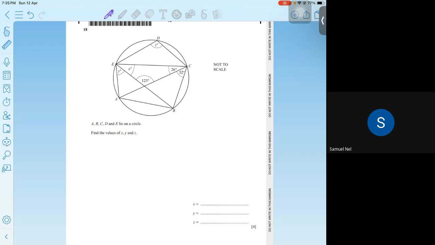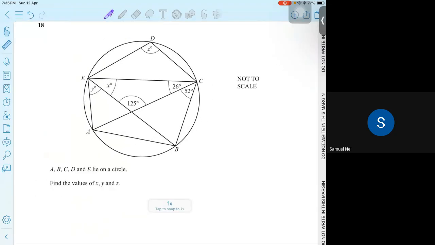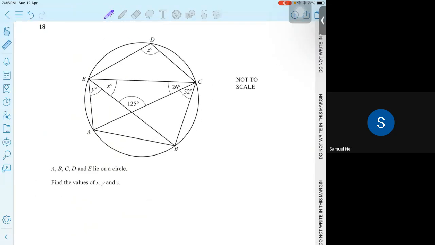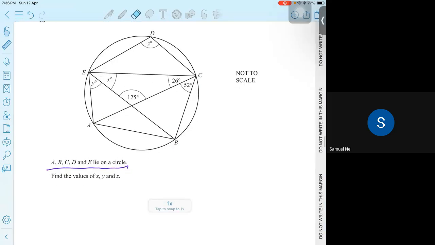Okay, so let's see. We have been given a shape, and this tells us that A, B, C, D, E lie on a circle. So A, B, C, D, E, they are in a circle. Find the values of X, Y, and Z. Do you know what this shape is called? It's fine even if you don't. Do you happen to know what shapes inside a circle are called?